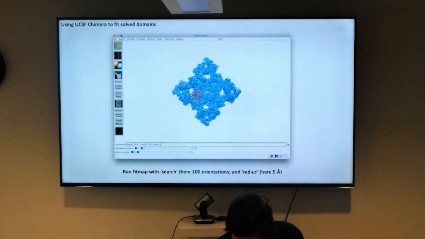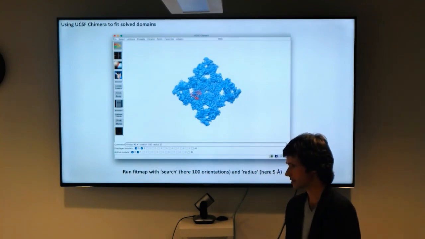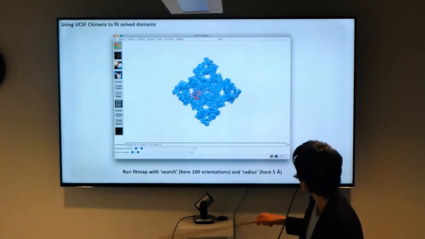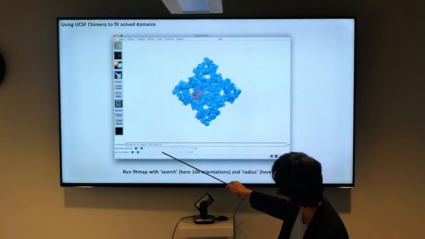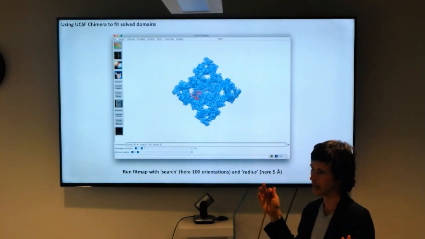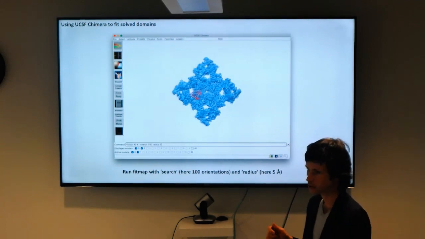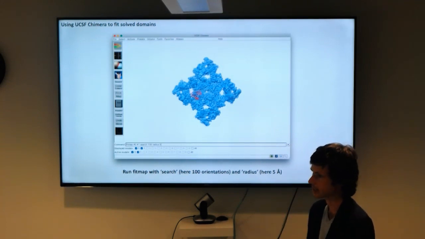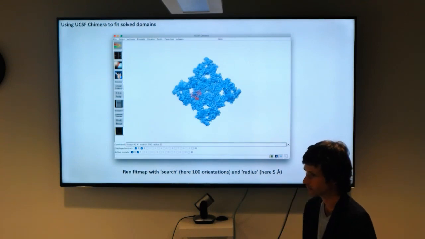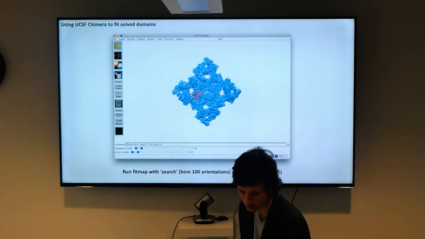So you can do that by what's essentially a global real space molecular replacement approach, where you can use the command fitmap, searching however many candidate orientations you want. Usually 100 orientations in a radius of 5 angstroms is where I'd start. Increase it if need be, but usually that does the job if you're roughly in the right location.